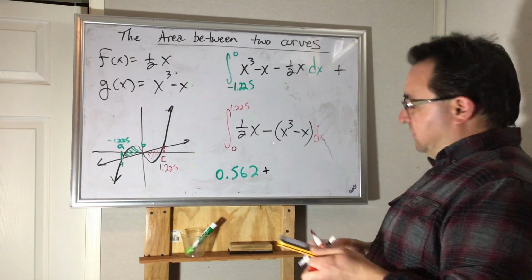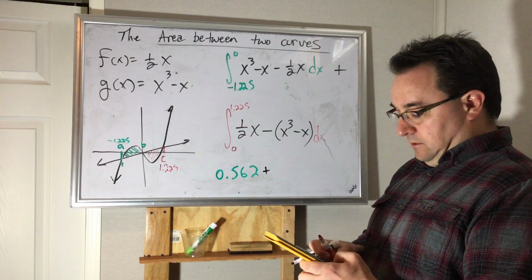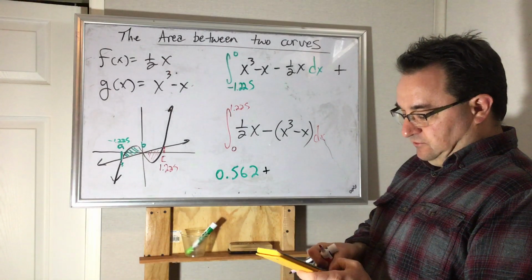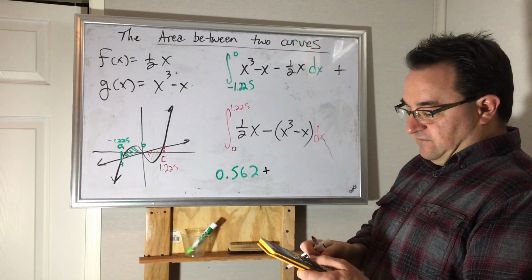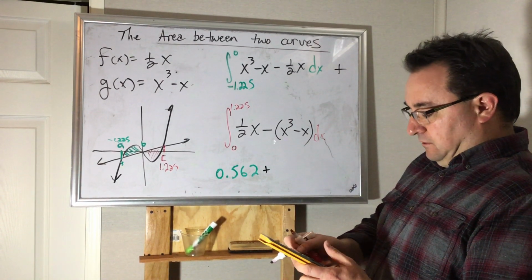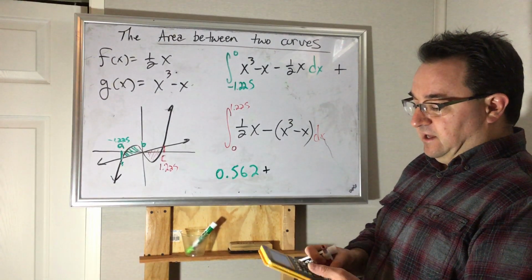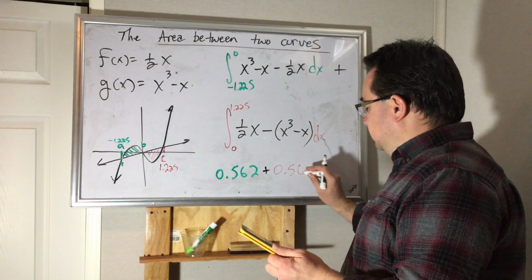plus, and my second integral goes from 0 to 1.225 of 0.5x minus x to the third plus x dx, and that's 0.562.